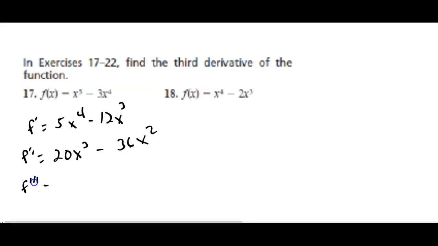The third derivative is 60x squared minus 72x, there we go, third derivative. I wrote 80 by mistake. Alright, so I'm going to leave that one for you.